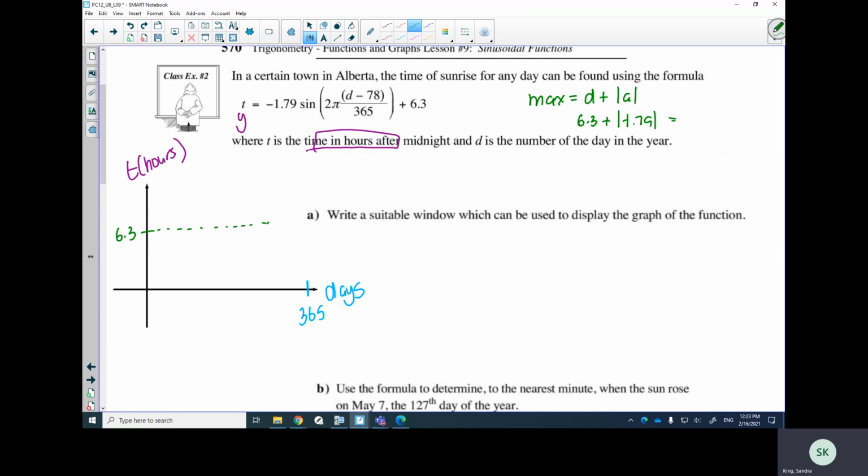So this graph is going to have a max at 6.3 plus 1.79, 8.09. That's going to be the max. And then the min of this graph is going to be 6.3 minus 1.79, which is 4.51.